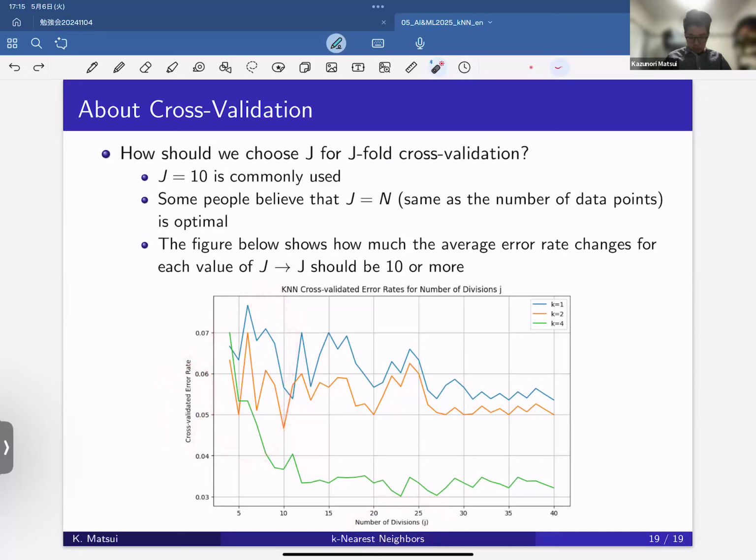But as J increases, their ranking stabilizes. Therefore, we can see that for the combination of k-nearest neighbors and this dataset, a sufficiently large J, for example J greater than or equal to 10, is effective.